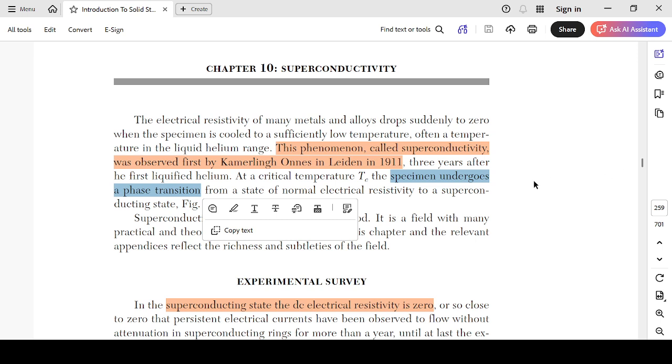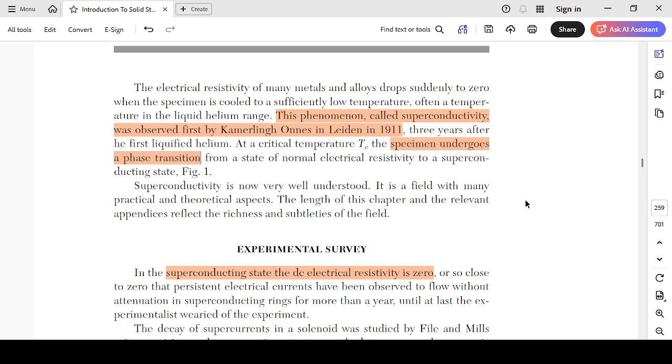Phase transition means, you can exemplify in your mind, a phase transformation from liquid state to gaseous state, or from solid state to liquid state. This sort of phenomenon is called phase change.